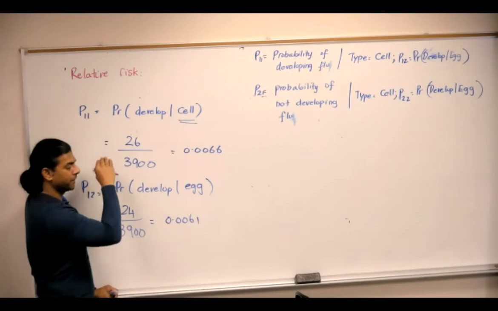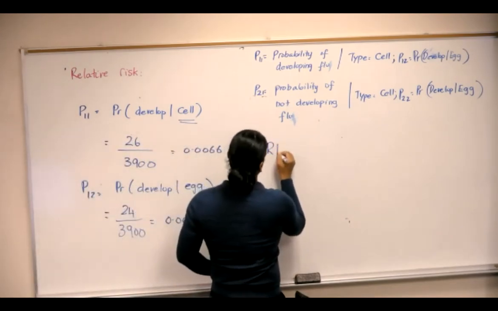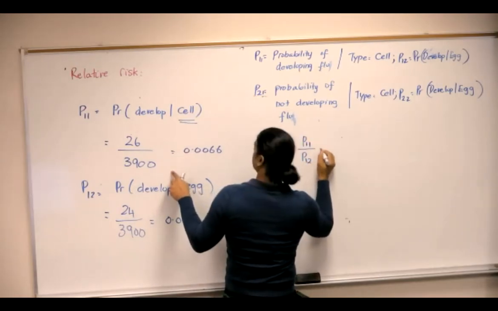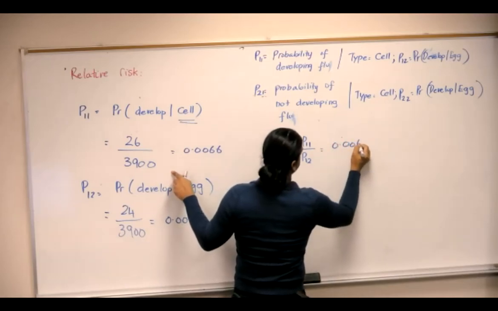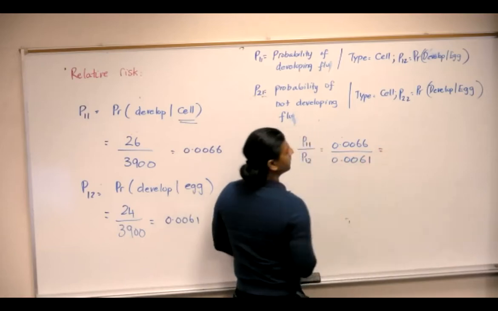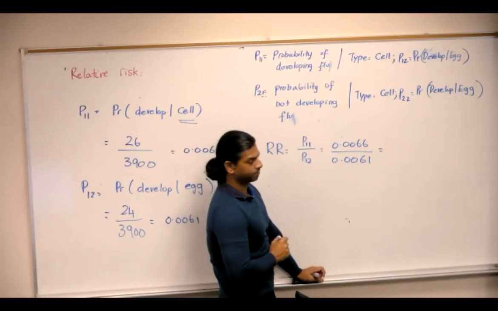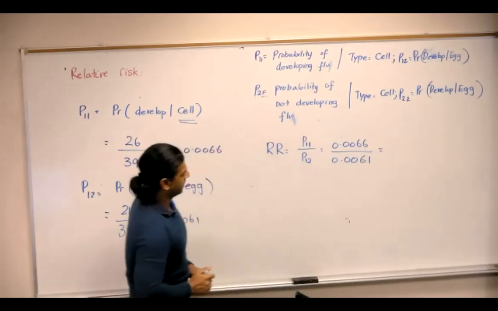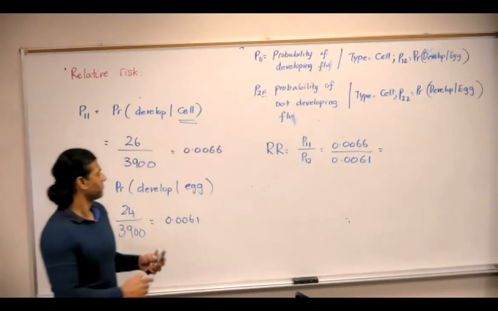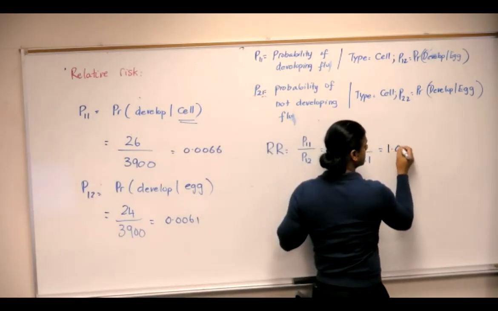Relative risk is simply the ratio of the two. So 0.0066 divided by 0.0061. What do we get? 1.08.